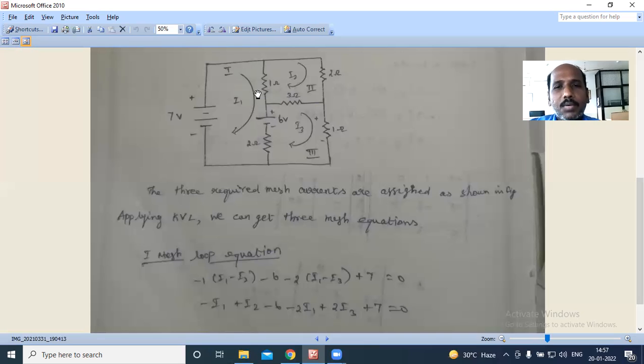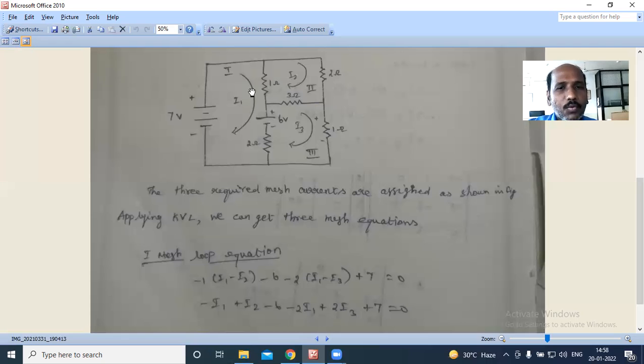In the normal Kirchhoff law, if you apply only one branch current, we just consider the current flowing through the 1 ohm resistor, whether upward or downward. But in the mesh method, the advantage is that more than one mesh current can flow through each resistor.